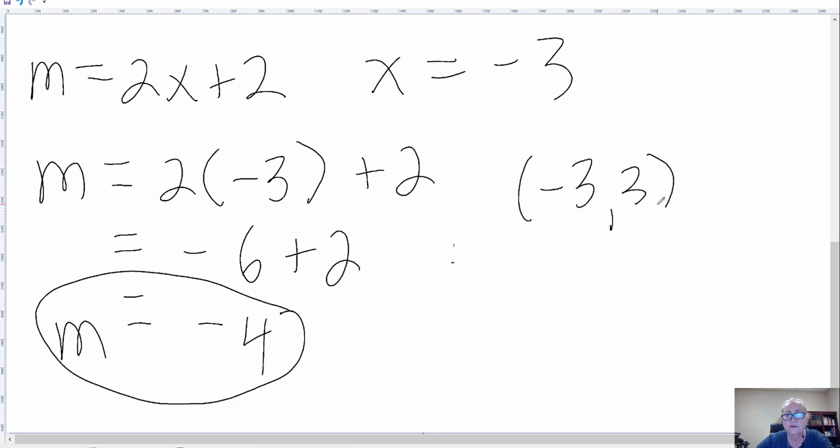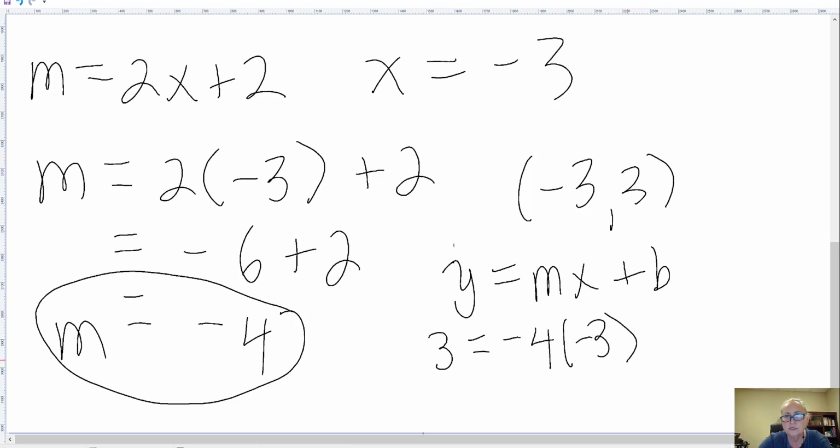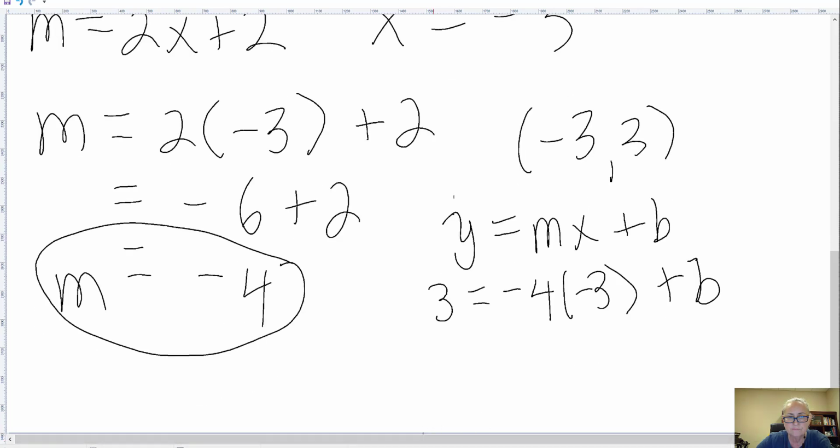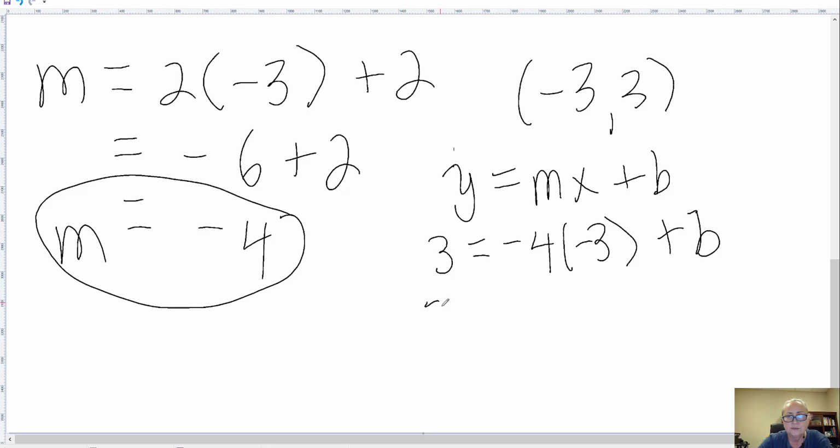And so to write the equation of that tangent line, y equals mx plus b, 3 equals -4 times -3 plus b. So doing the arithmetic and solving for b, 3 equals 12 plus b, negative 9 equals b.